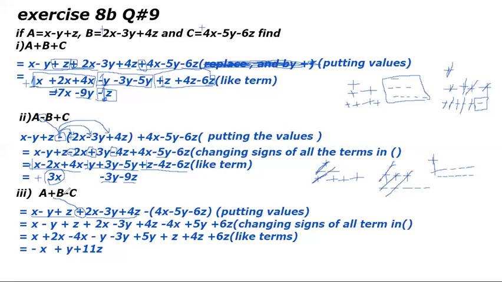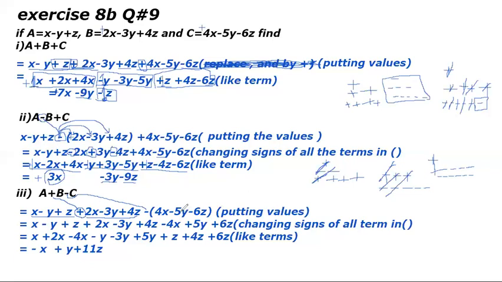Now this negative sign is this negative sign. Now the value of C. As I told you before, when there is a negative sign, you have to place the next algebraic expression inside the parentheses. Always.